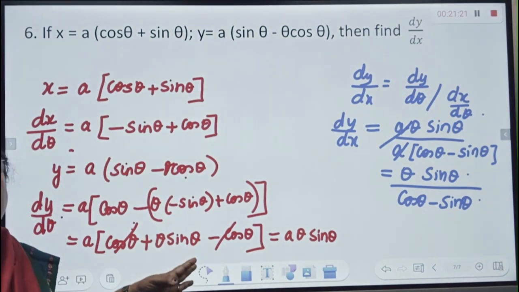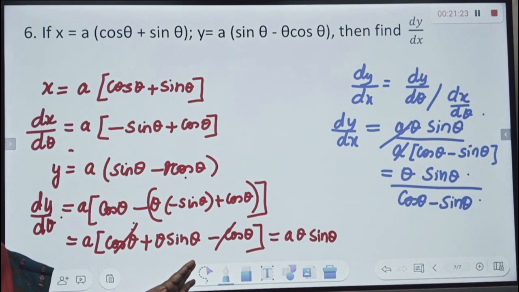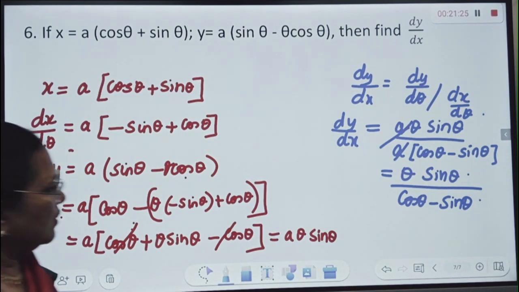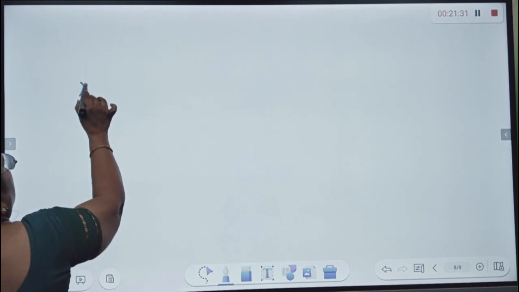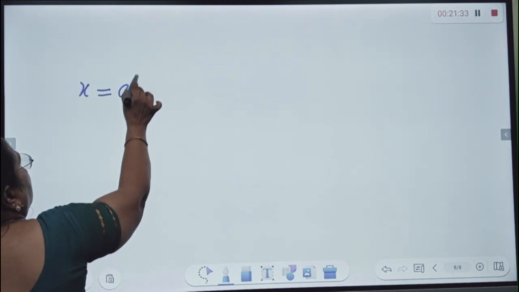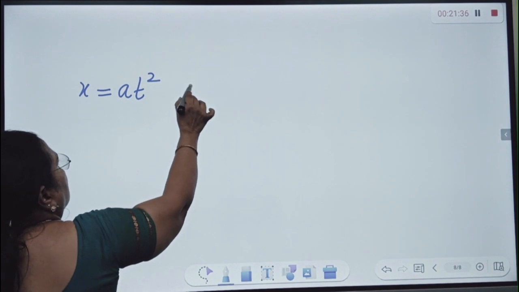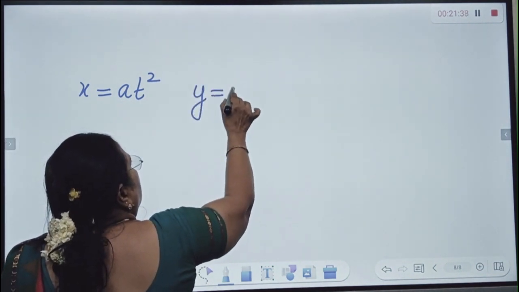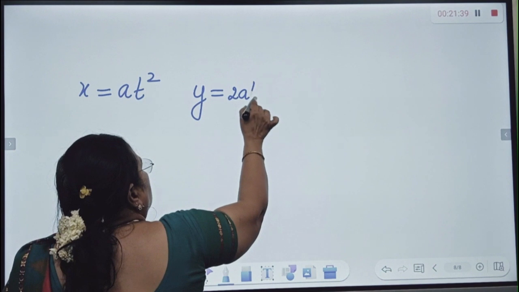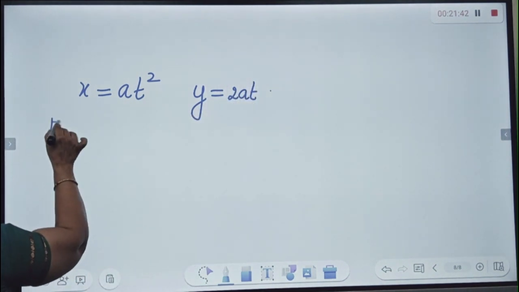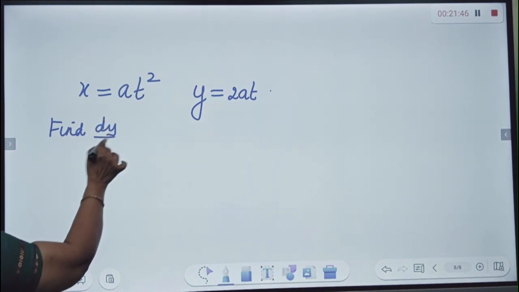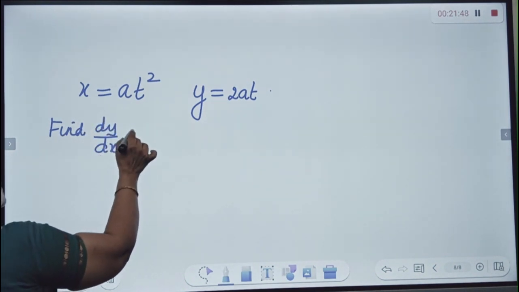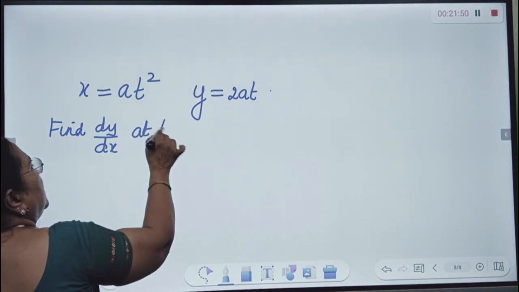So are you able to follow how to find dy by dx? Is it clear? See, suppose you have x is equal to at square and y equal to 2at. Find dy by dx at t equal to 1.